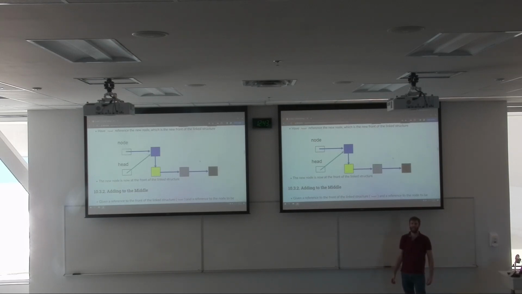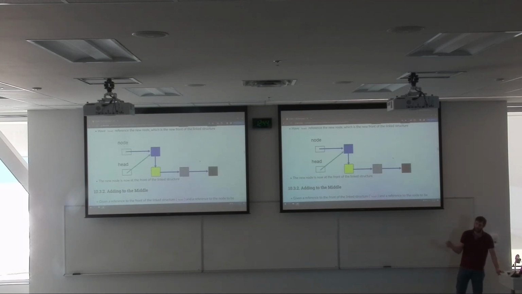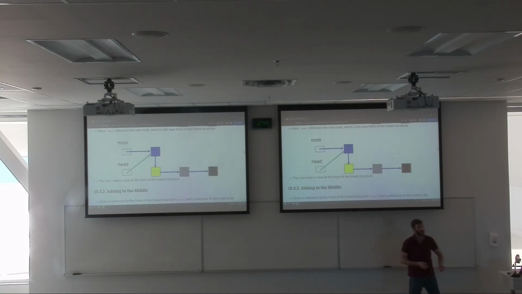But with an array, if I had an array with 10 things in it and I wanted to add something in the beginning, how much work is it? 10. I have to move all 10 things down. If I double the size to 20, I have to do twice as much work. If there's 1 billion things in there, I have to move 1 billion things before I can put something in the beginning. Now that sounds bad, and at the end of the day, it's a linear time algorithm to make room.